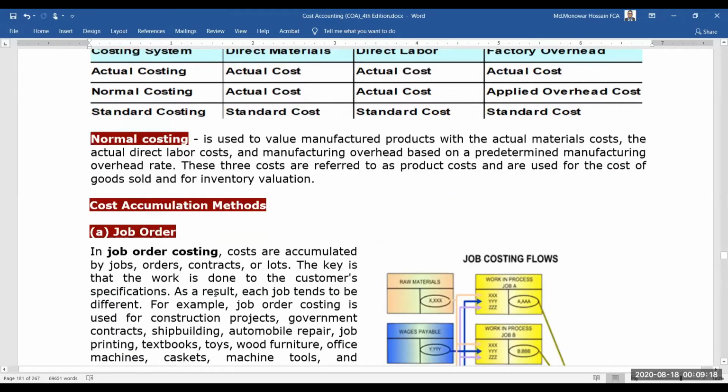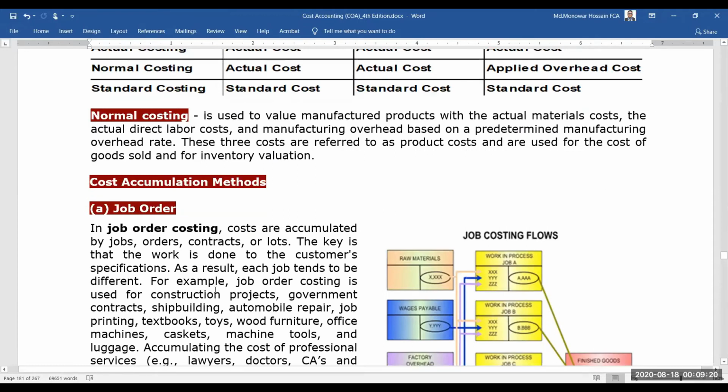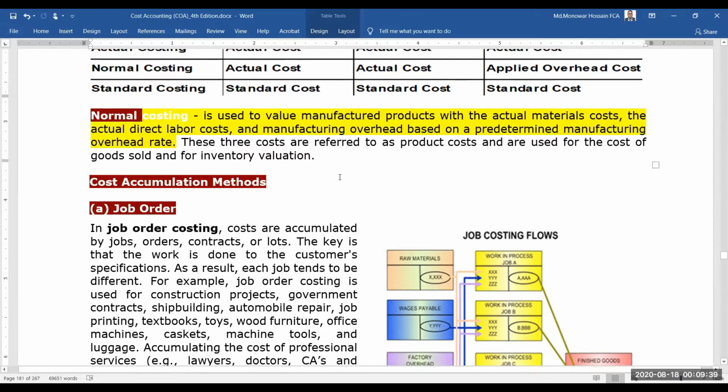So normal costing values manufactured products with the actual material cost, the actual direct labor cost, and manufacturing overhead based on a predetermined manufacturing overhead rate. These 3 costs are referred to as the product cost and are used for the cost of goods sold and inventory valuation.